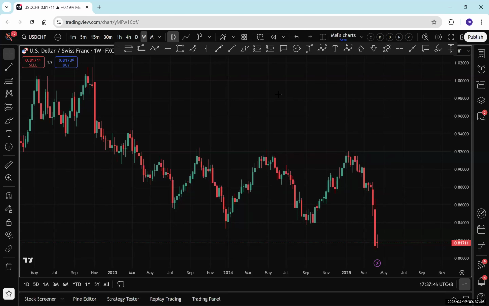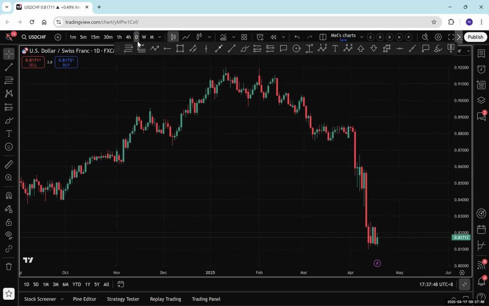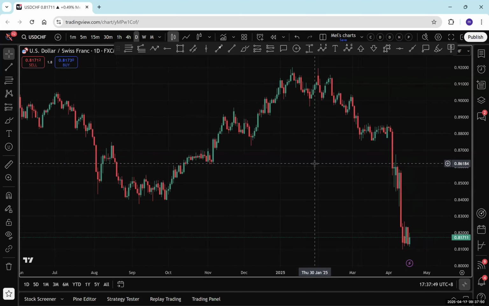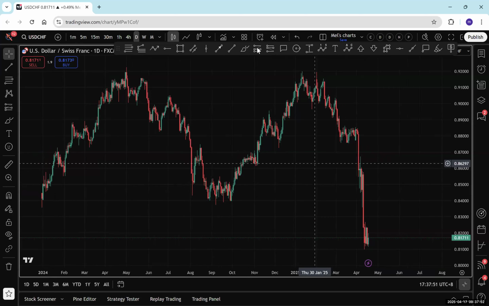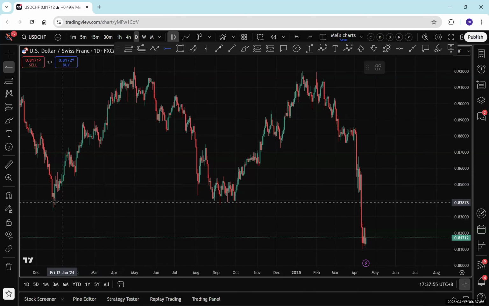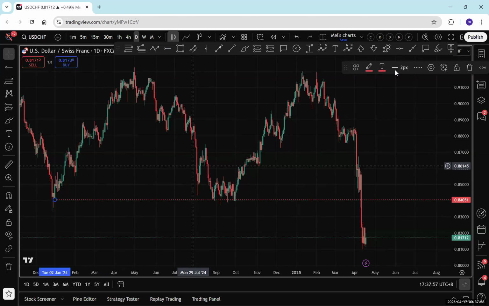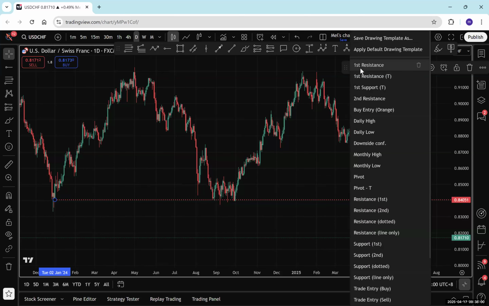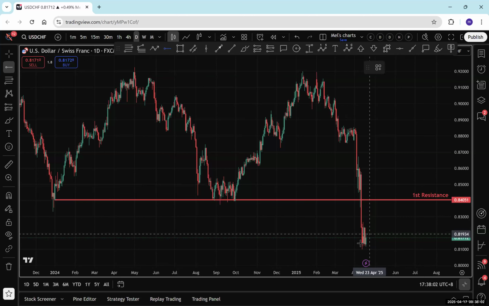Okay, so dollar franc, we can see prices dropping quite significantly on our daily time frame as well. Okay, so I'll place a first resistance up here.